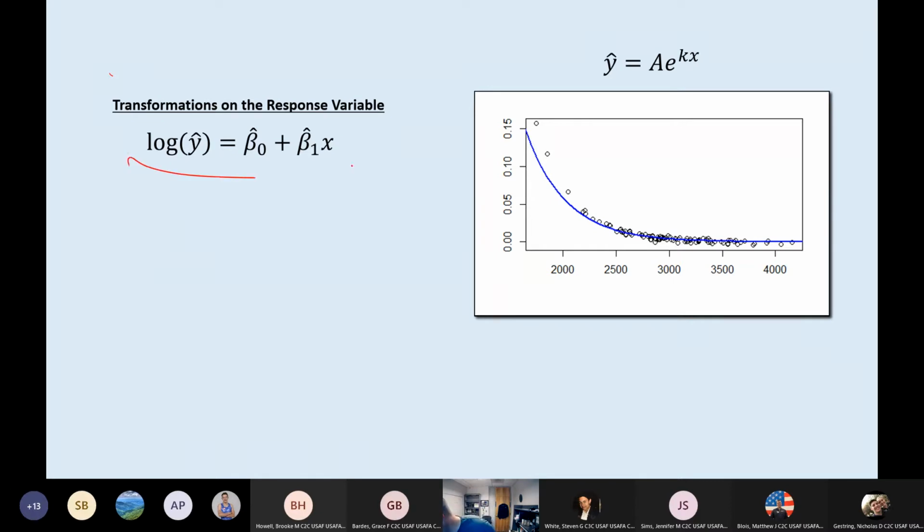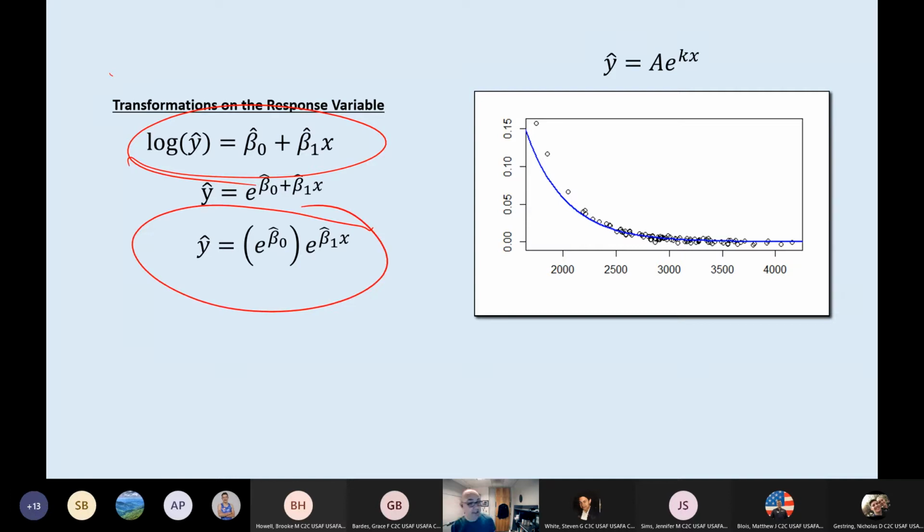So I can make R find that relationship, and then I can do a back transformation to solve for my response variable and get a nonlinear relationship equation based off of a linear regression on that transformed value.